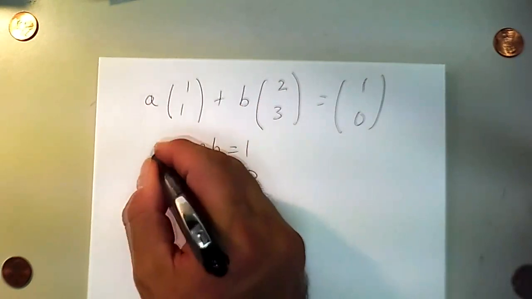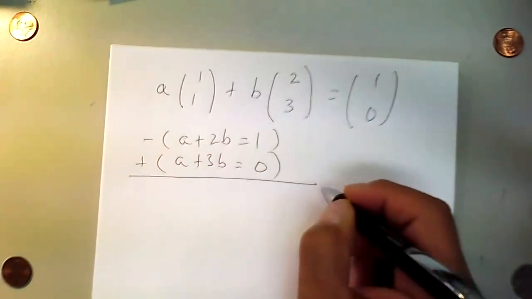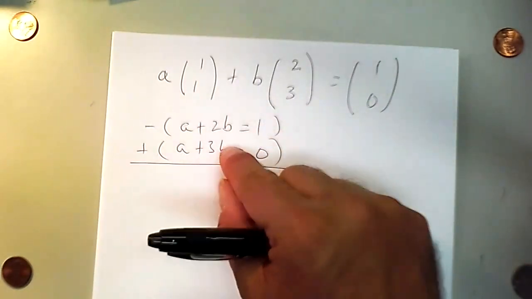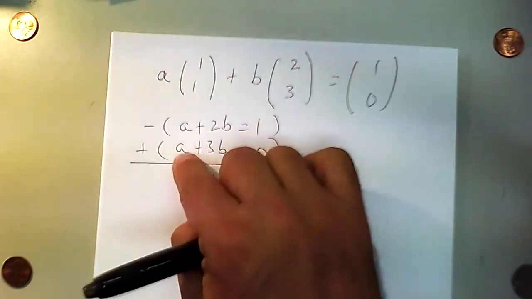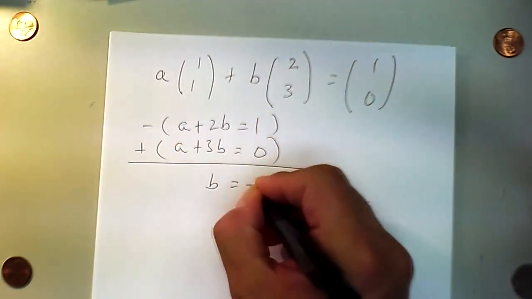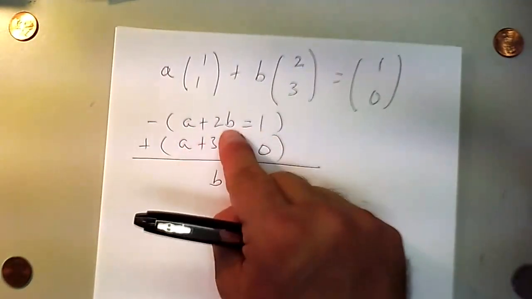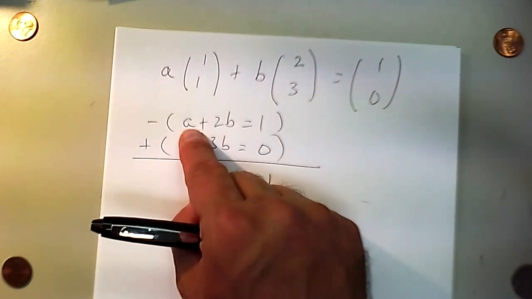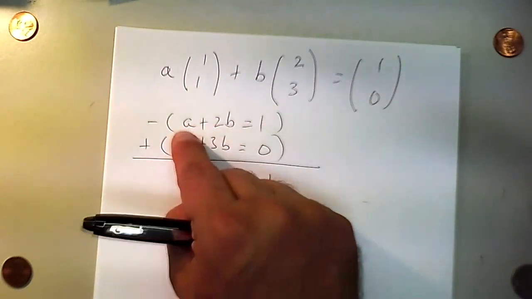We can subtract these: 3B minus 2B is B, A minus A is no A, and 0 minus 1 is negative 1. So if B is negative 1, then we can figure out A. A number minus 2 equals 1, so A has to be 3.